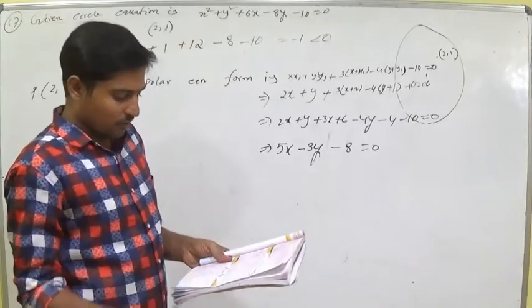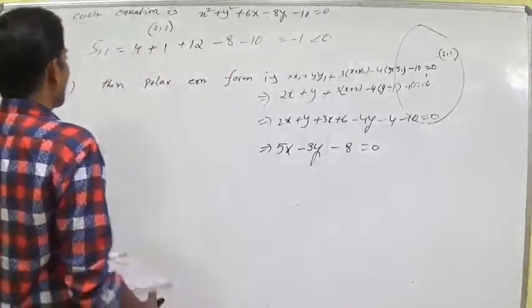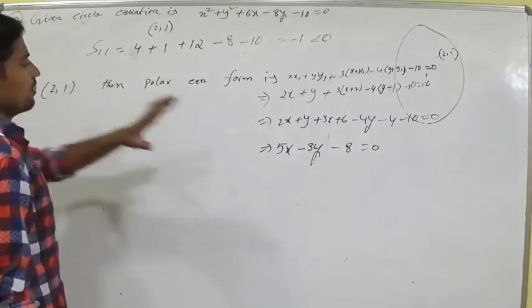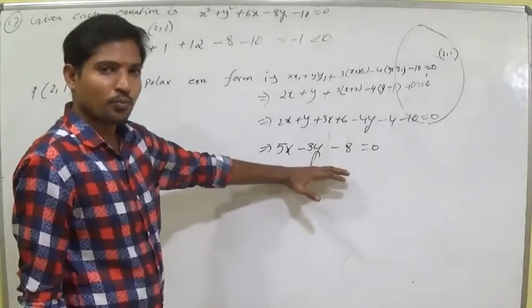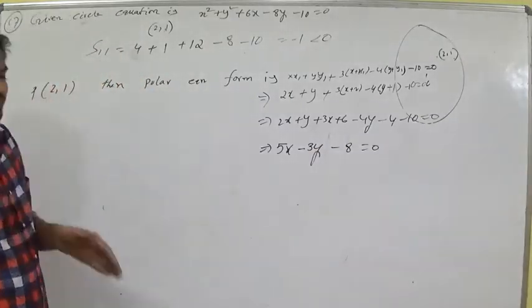I mean to say here the second and third options are correct. The pole I took here, the polar I got. The polar has been given, then P(2, 1) is the pole.